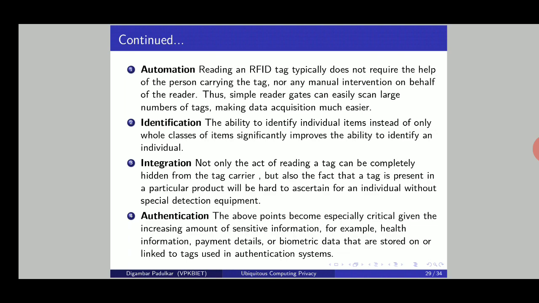No human intervention is required. Unfortunately, in our Indian system, they are making interventions like saying your tag is not working. Definitely that is a breaching of this. But forget about it, automation is of that kind.